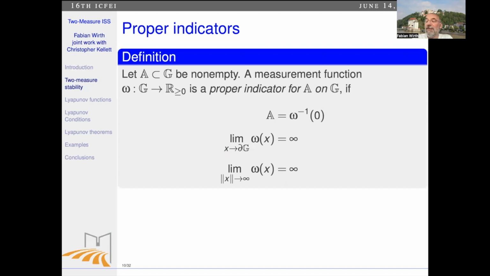That's the sort of properness that you want. These are particularly nice measurement functions, but these are also the case where the theory is particularly easy. Let's put it that way.